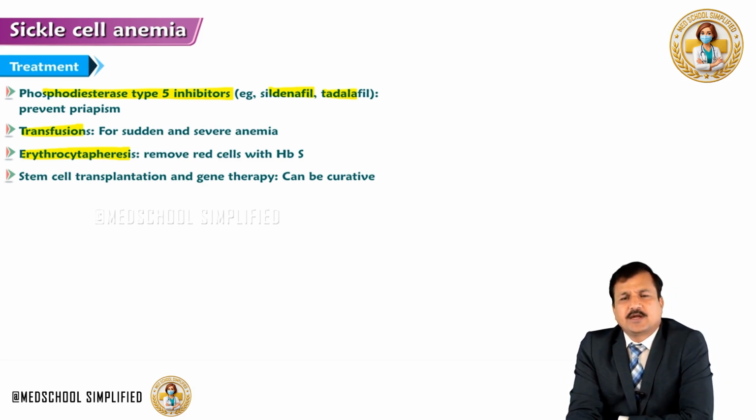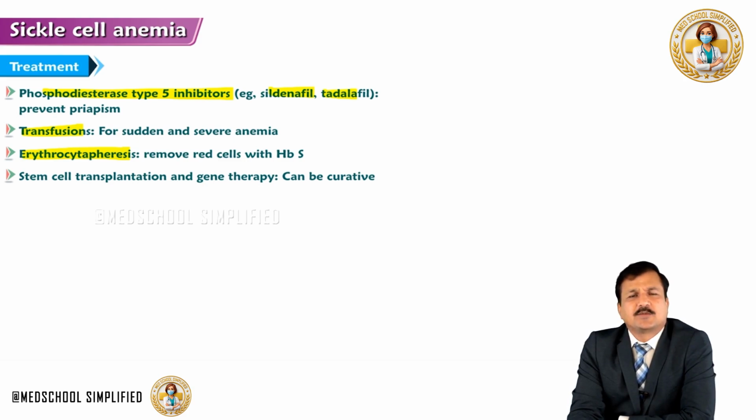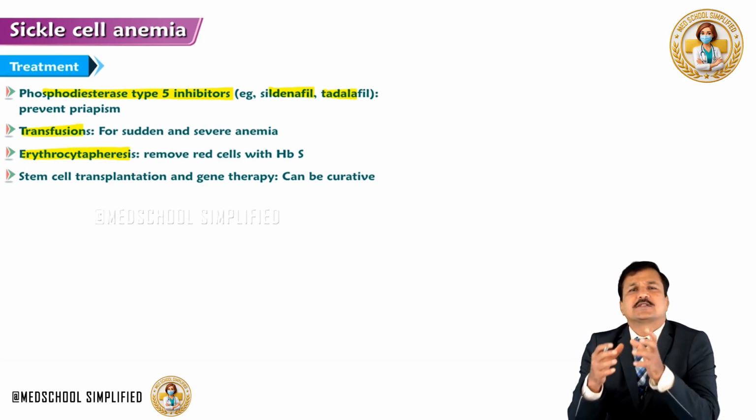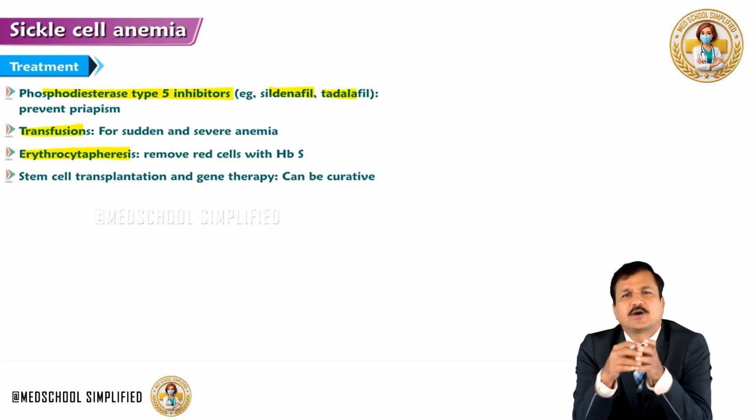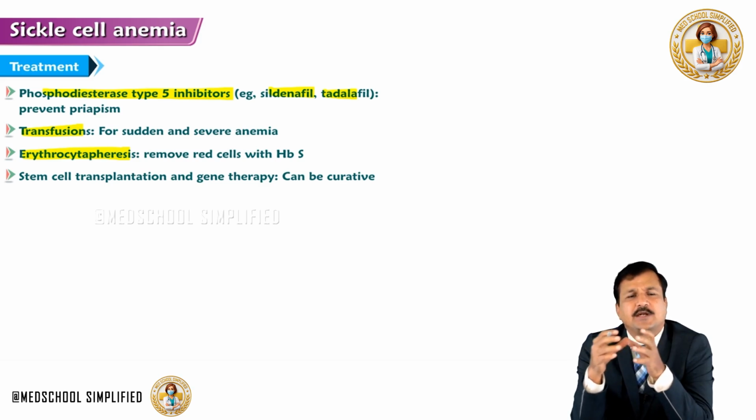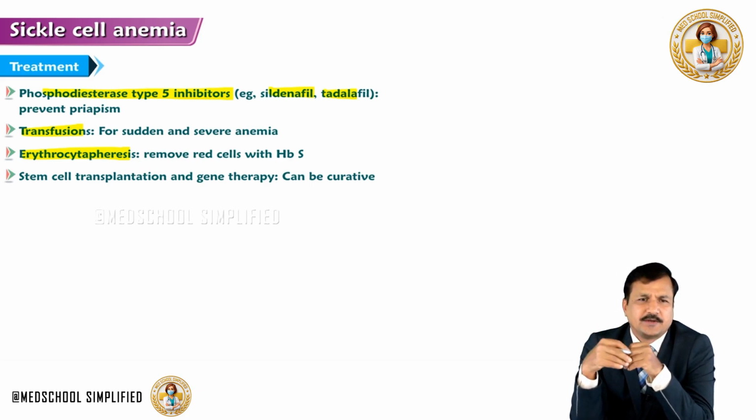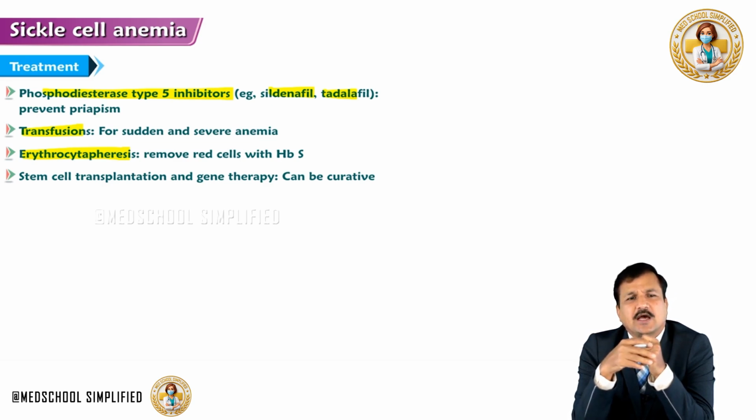It is an automated red cell exchange procedure that removes blood that contains sickle hemoglobin from patients while simultaneously replacing the same volume with packed red blood cells which are free of sickle hemoglobin. So this type of treatment is called erythrocytophoresis.